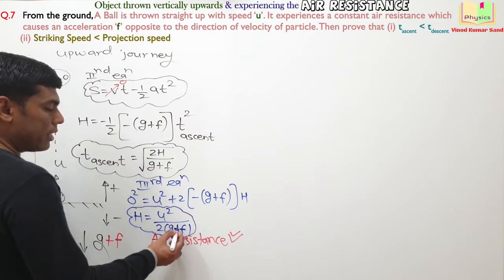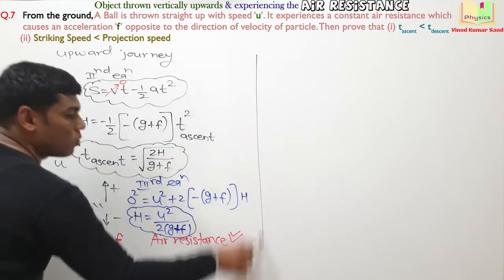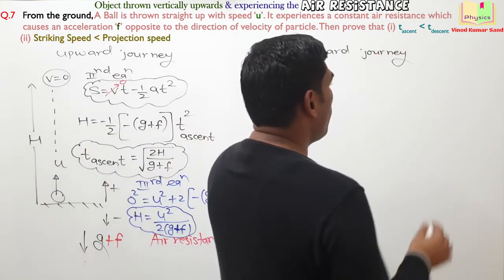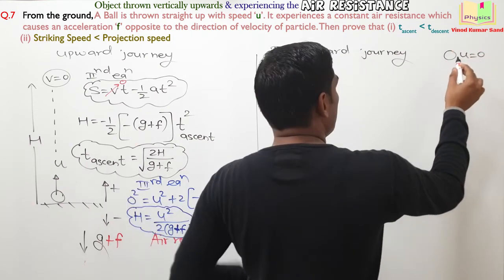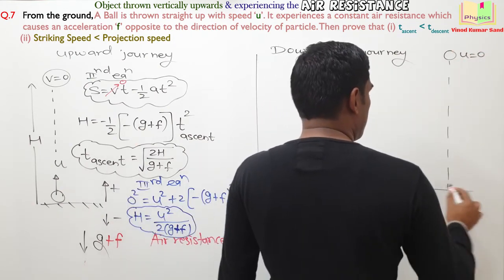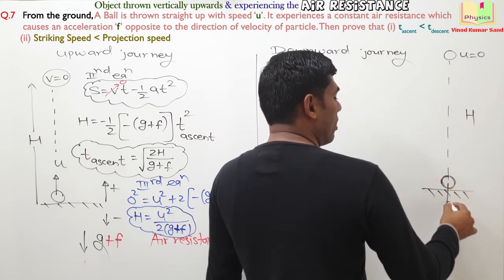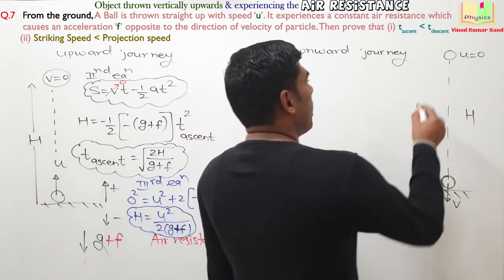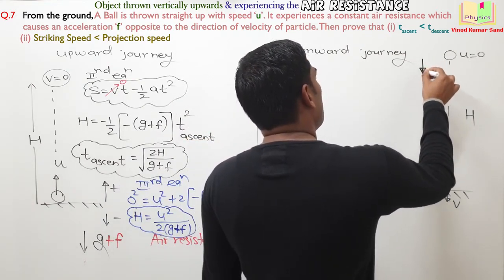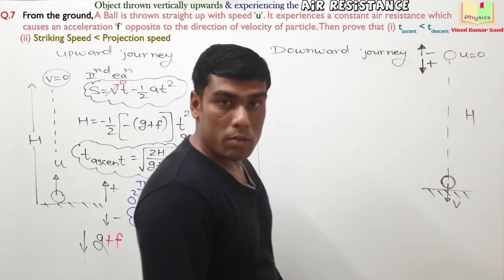I will be writing the same equations for the downward journey also. For the downward journey, the ball is starting from this top position and let's say it travels a distance h, and while hitting the ground its speed is v. For this calculation, I am choosing the downward direction to be positive, the upward direction to be negative.